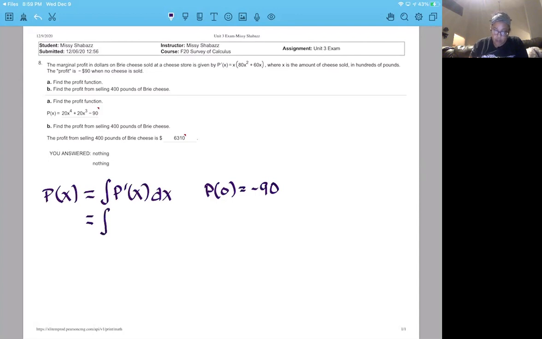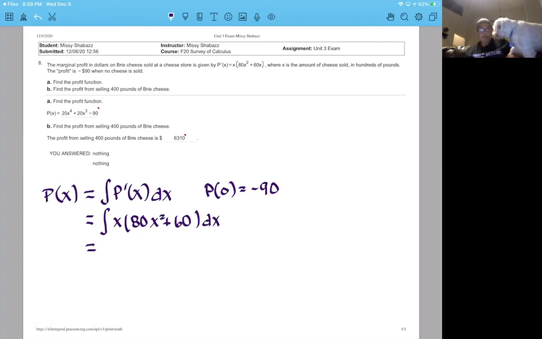All right, so I'm going to integrate x times 80x squared plus 60x. Let's distribute my x. So I get an 80x cubed plus 60x dx.